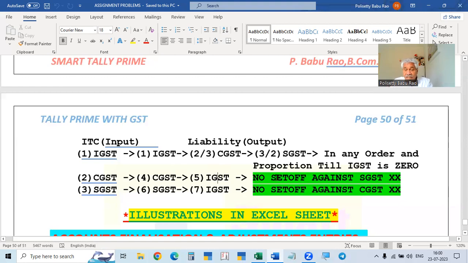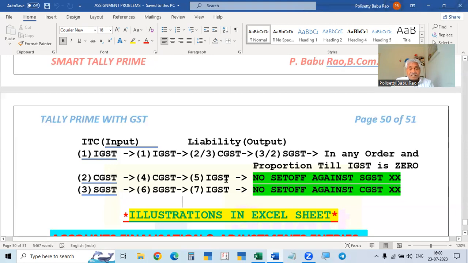CGST cannot adjust against SGST. There is no setting. And then we will go to SGST. SGST will be set off against SGST first, and then, if necessary, against IGST. But SGST cannot set off against CGST. So these two cannot set off against each other. IGST can go to CGST and SGST.